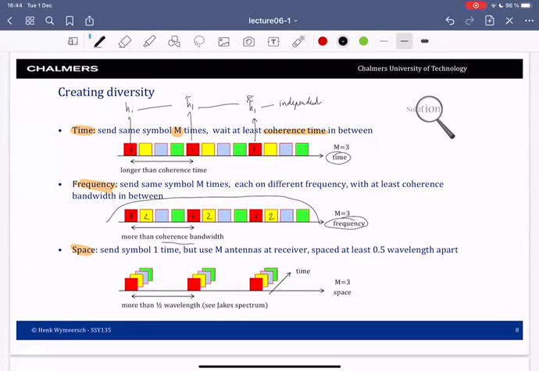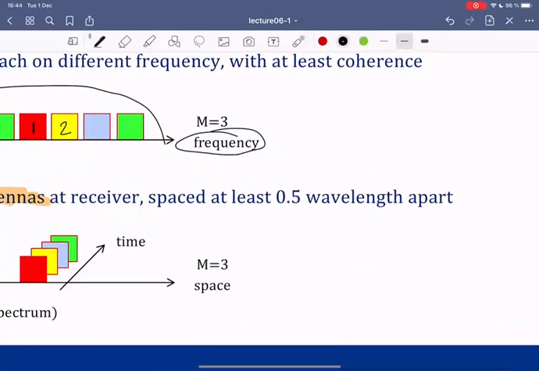A third way is to use space diversity, in which we send the symbol only one time, or we send our data only one time, but we use M antennas. These antennas could be at the receiver or at the transmitter. Let's say they're at the receiver. So in this case, we will have a model that looks something like this. We have a transmitter sending a symbol, let's say S. We have a receiver with 3 antennas here.